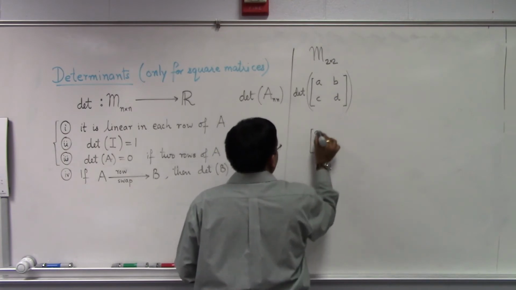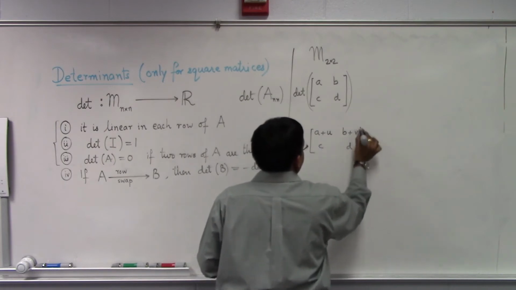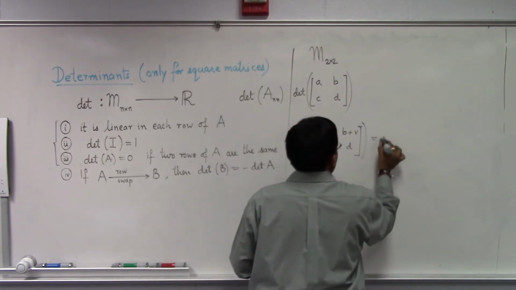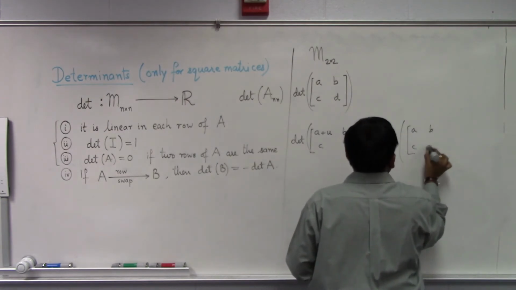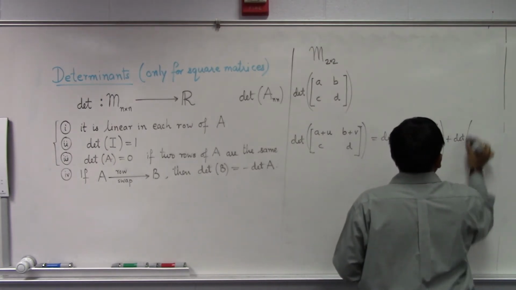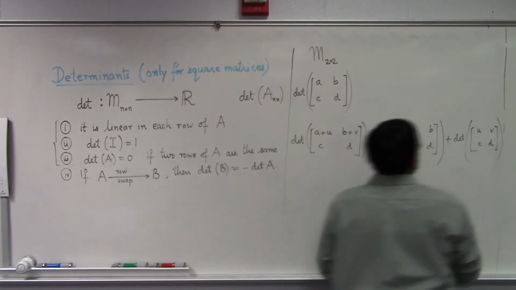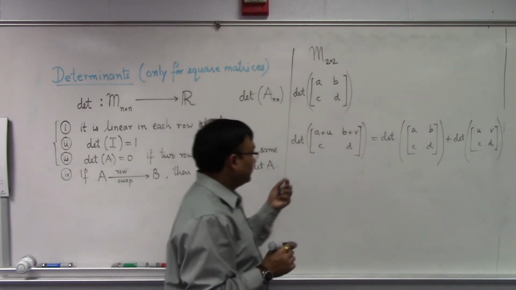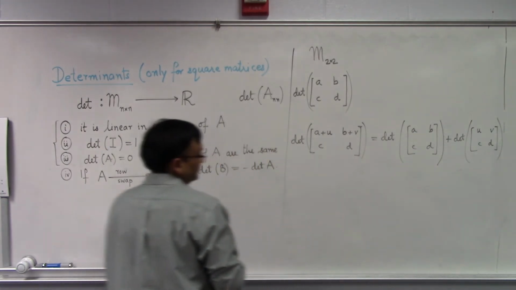Let's suppose you give me A plus U, B plus V, C, D. Then linearity means the determinant of this matrix would be the determinant of A, B, C, D plus the determinant of U, V, C, D. So linearity in each row means it would act like a linear transformation on each of its rows, provided the other rows remain constant.